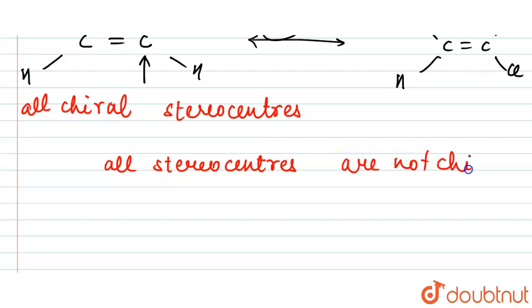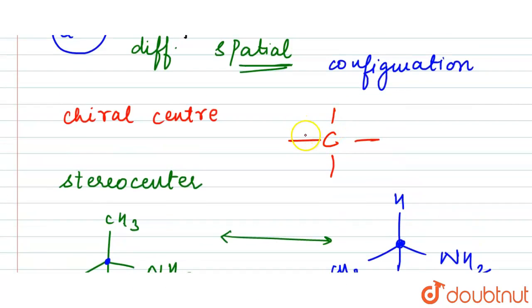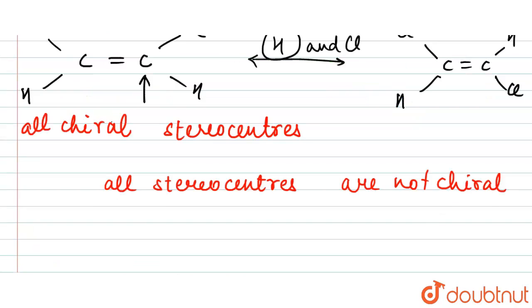When we have a chiral center, we see four different groups, but here we have a double bond, so it will not be chiral, but it is a stereo center. We can also remember that chiral centers are sp3 hybridized, but stereo centers can be both sp2 or sp3 hybridized.